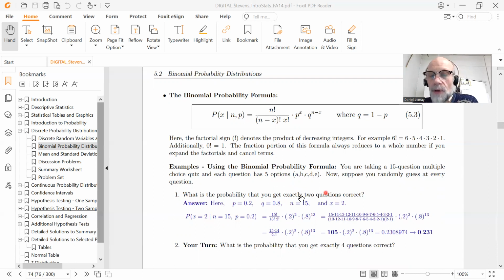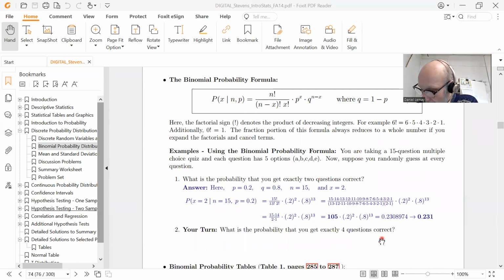Suppose you want to know the probability that we get exactly 2 correct, or exactly 4 correct. And I'm making this one up: passing a test is a 60. What's 60% of 15? That's 9. The probability of getting 9 or more is what we'll do. I'll write this on the screen in a minute.